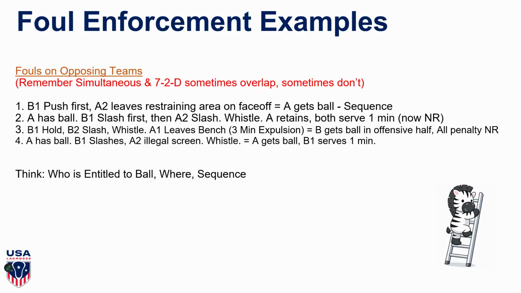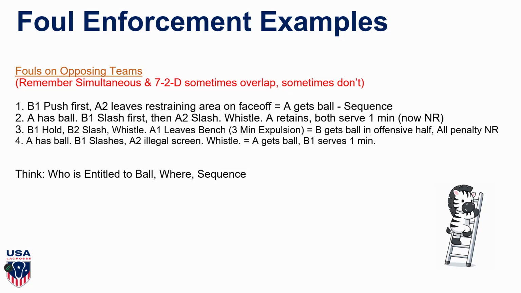Are they simultaneous fouls? Yes. The loose ball push is live ball, and when the slash occurred, it was still live. You hadn't blown the whistle yet. So we have simultaneous fouls, and in this case, the team that was entitled to the ball from the first push, which was Team A, committed a personal foul.